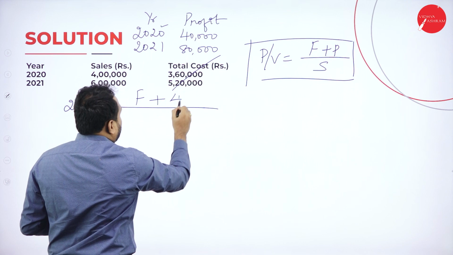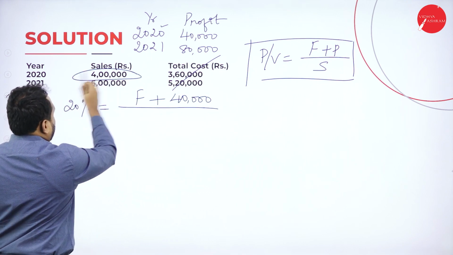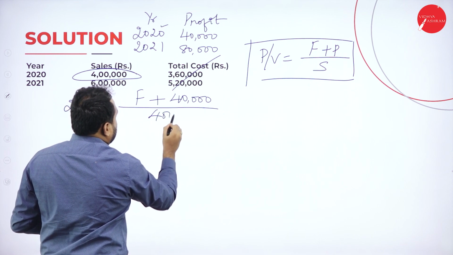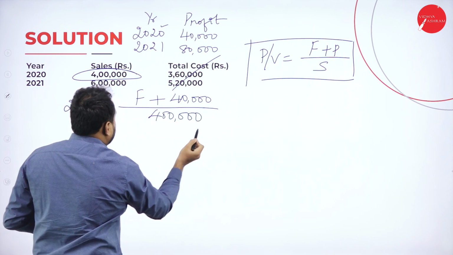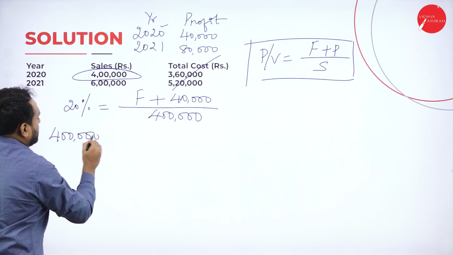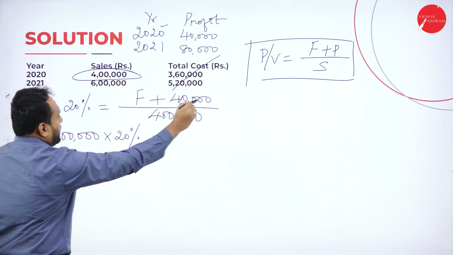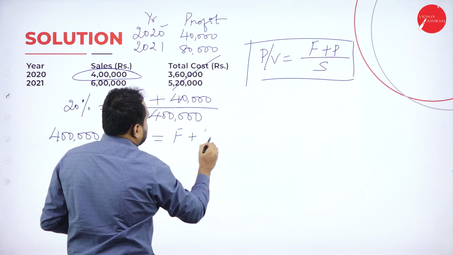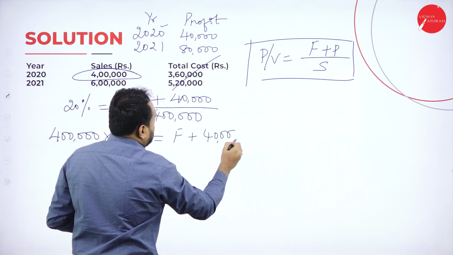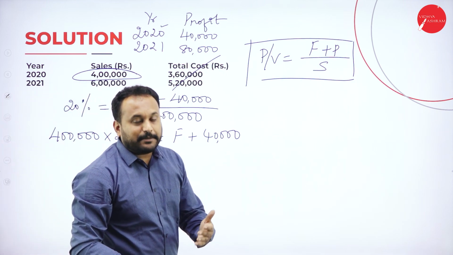So here 40,000 is the profit. Sales is how much? 4 lakh. So I'll write here 4 lakh. Let's cross multiply. It will be 4 lakh into 20% is equal to F plus 40,000. Now 4 lakh into 20%: 4 twos are 8, that means 80,000.